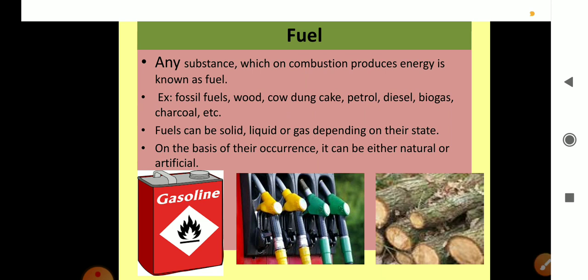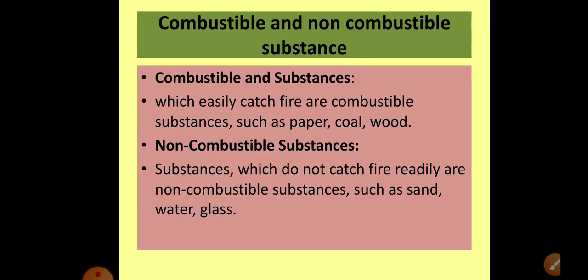Okay. Now one more thing: some fuels are renewable, which can be used again and again, जैसे fuel obtained from agricultural waste, forest, animal waste, cow dung cake. These are examples of renewable resources, and some are non-renewable. We all know fossil fuels are non-renewable resources.